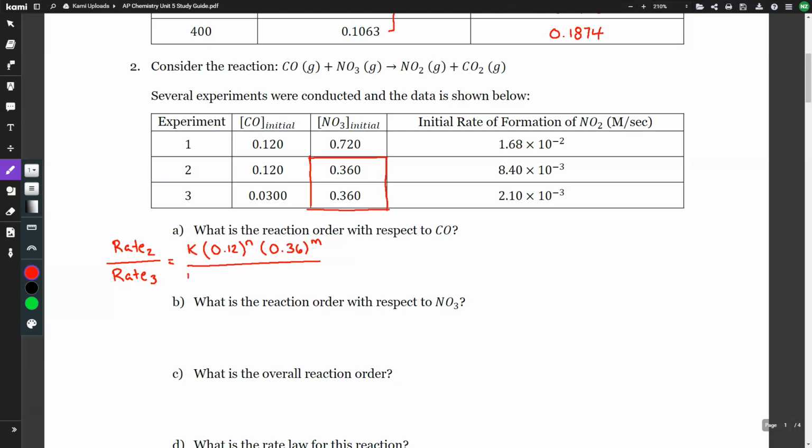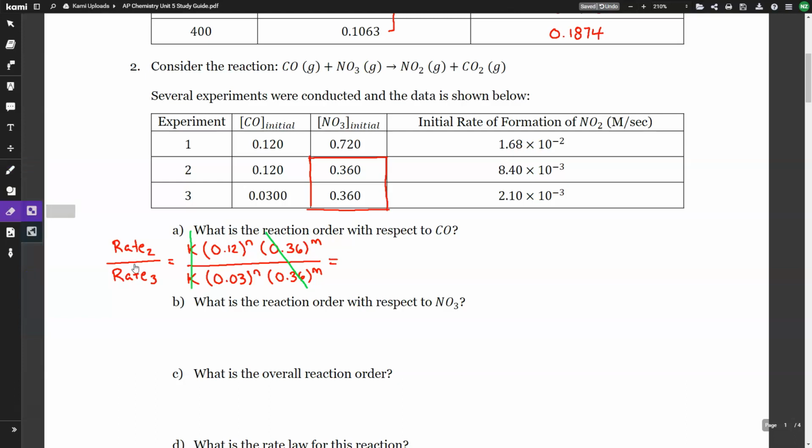And then for rate 3, we have K. In experiment 3, the concentration of carbon monoxide was 0.03, and NO3 was 0.36. Here the NO3 terms are going to cancel out, and our rate constant is going to cancel out here as well.